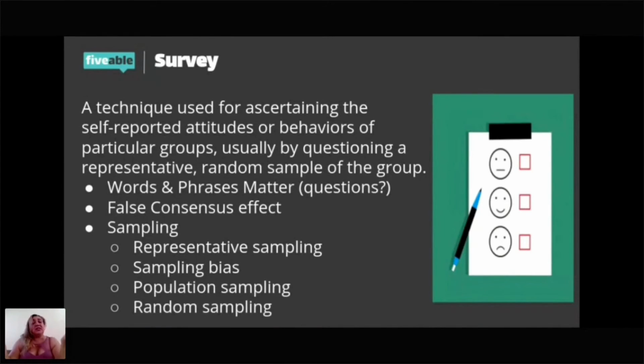But when you conduct a survey, you have to make sure that you're asking people at random. You have a representative sample of the group that you want to study. You have to figure out who is the population you're trying to get these answers about. And then it's random. You don't pick and choose who the people are that you're asking the questions.